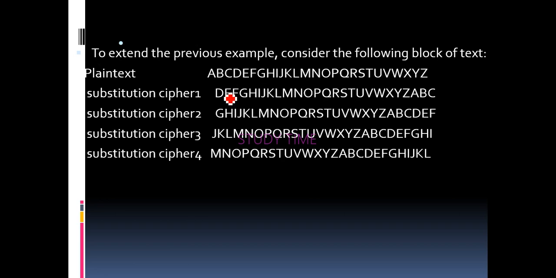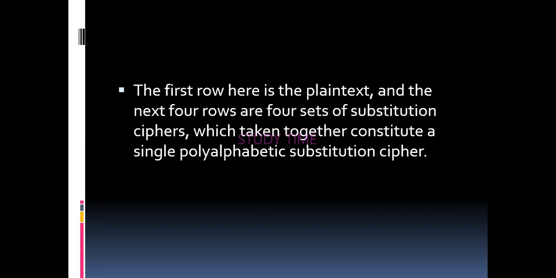Substitution cipher 2 gijglnopkerstuvuksis of def. Substitution cipher 3 jglnopkerstuvuksis of dvki. Substitution cipher 4 nopkerstuvuksis of dvgijgl. The first row here is the plain text, and the next 4 rows are 4 sets of substitution ciphers, which taken together constitute a single polyalphabetic substitution cipher.